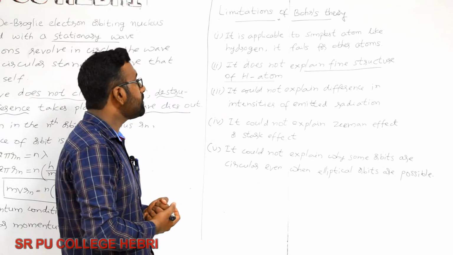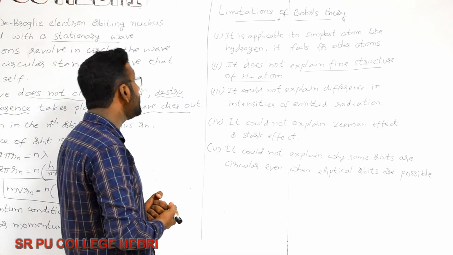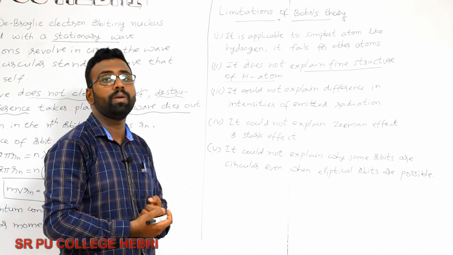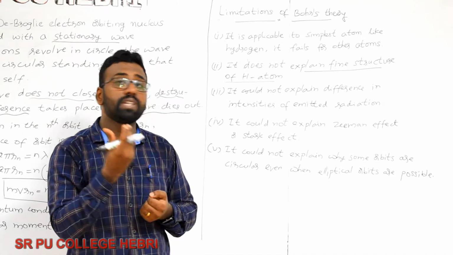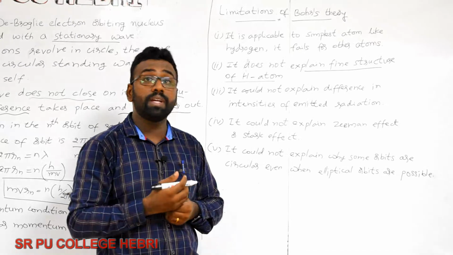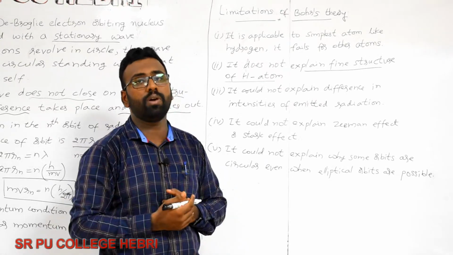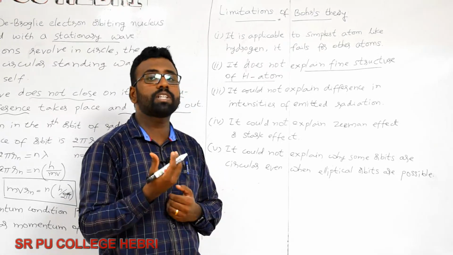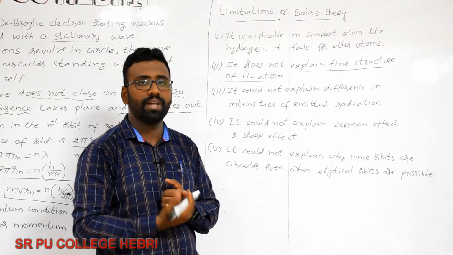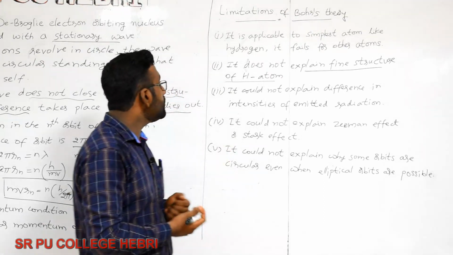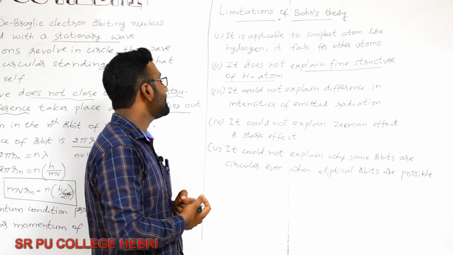Next, it could not explain the difference in the intensities of emitted radiation. The emitted radiation will not have the same intensity; it will have different intensities with the different orders. Bohr's theory could not explain the different intensities as well. Next, it could not explain the Zeeman effect and Stark effect.